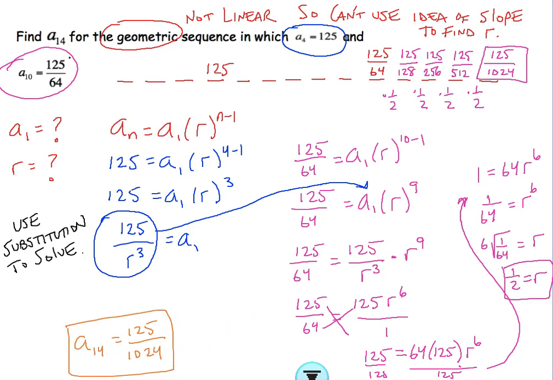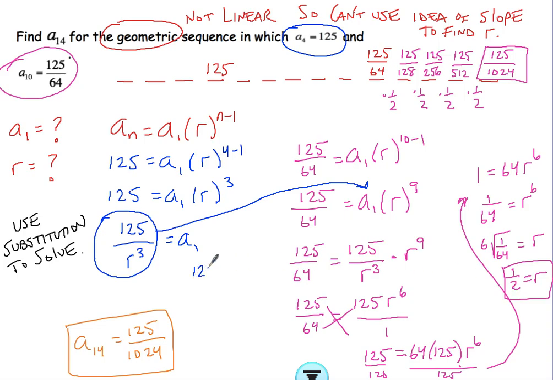Now, if the problem said to write an equation, then I would need to know what a sub 1 is. I could go backwards, and instead of multiplying by 1/2, I could multiply by 2, because this is going to be bigger up here. Or I could just plug in what I know, that r is 1/2.